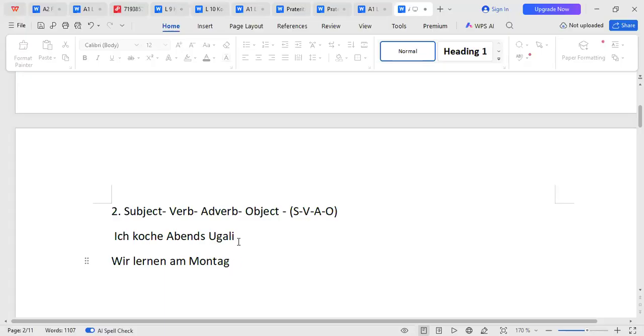Deutsch, German. Wir lernen am Montag Deutsch. We learn German on Monday. Wir, subject, lernen, verb, learning. Am Montag, time. Deutsch, object. That is the second sentence structure. Ich koche abends ugali.